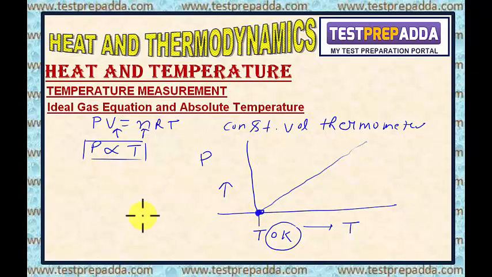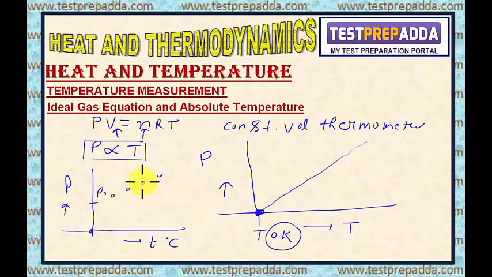Or if I draw a graph between pressure and temperature in degrees Celsius, then at 0 degrees Celsius, I assume pressure as P naught, and we find pressure values for some temperatures, and on extending this line, the graph cuts the x-axis or temperature axis at this point.